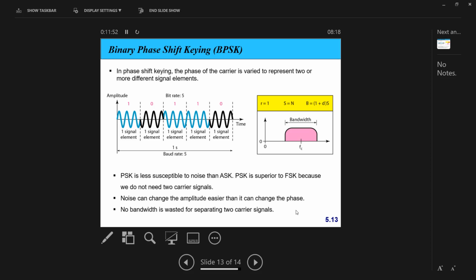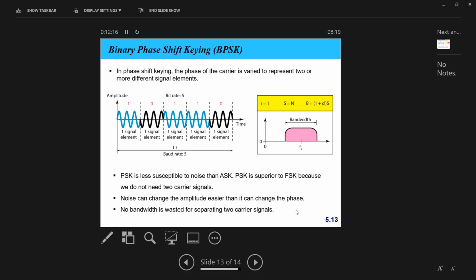It is less sensitive to noise, so it's better than the amplitude shift key. At the same time, it's better than FSK because we don't need two carrier frequencies. We need only one carrier frequency, so the bandwidth is less than FSK.